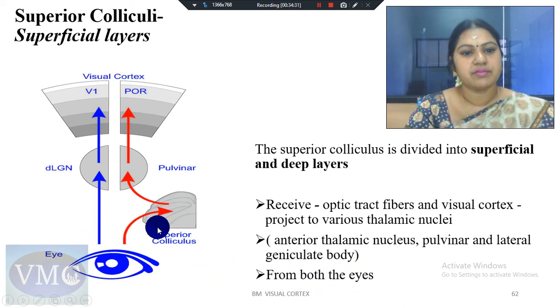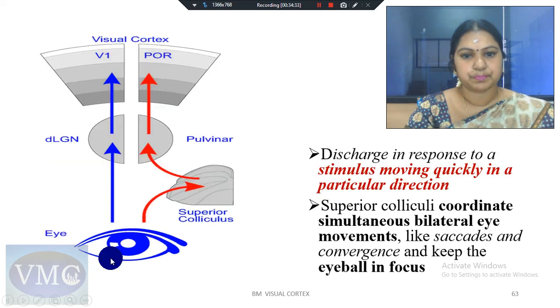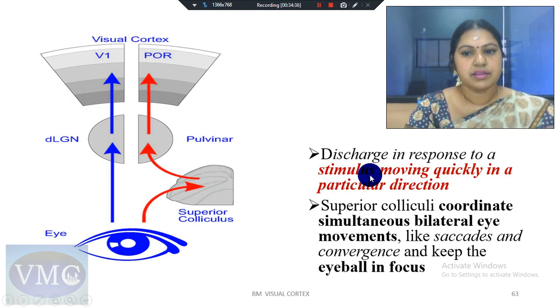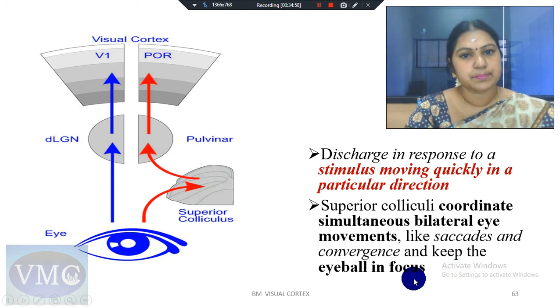So what are they involved with? We will see. They discharge in response to a stimulus moving quickly in a particular direction. They are concerned with the coordination of simultaneous bilateral eye movements like saccades, convergence, and keeping the eyeball in focus.